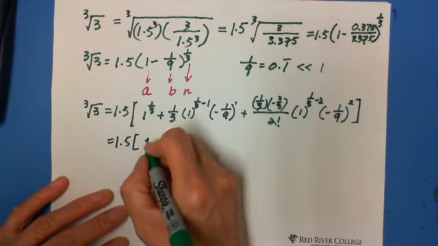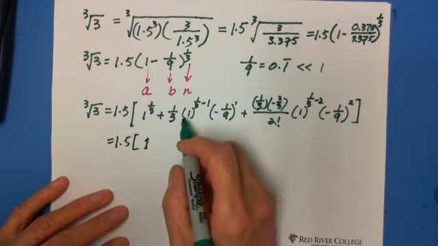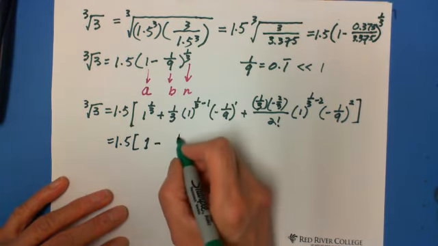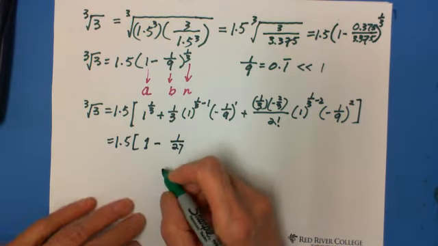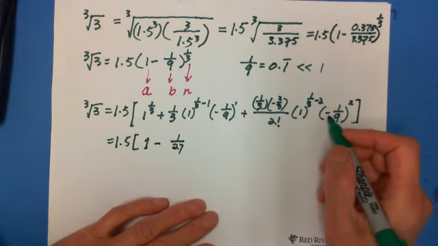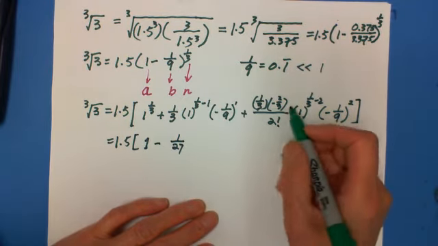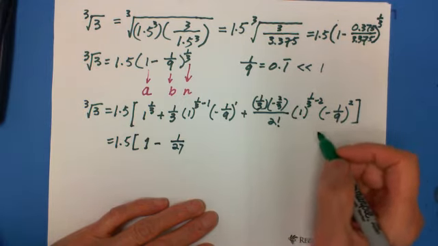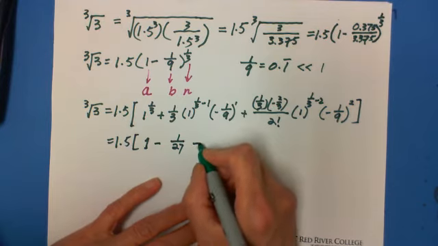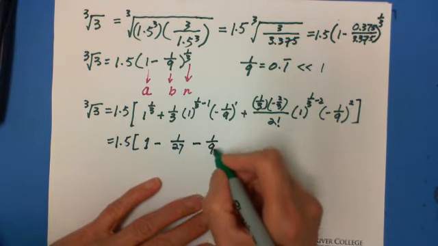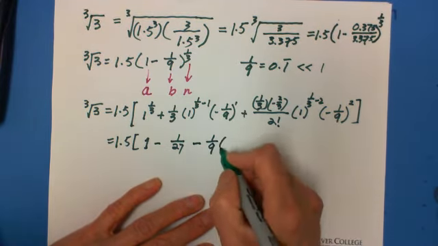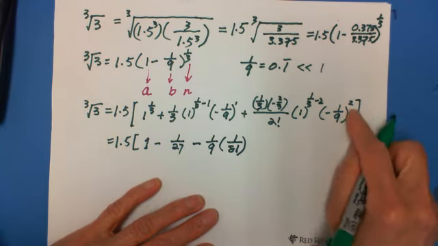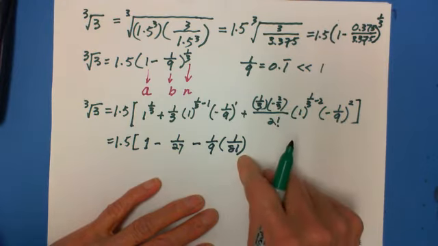The first is 1. The second, same thing, this one is 1, and this is minus 1/27. And this, after the square, is positive, it's still negative, cancel this 2 with that 2, which is 1/9. So you get minus 1/9 multiplied by 1/81, because the square of 9 is 81.